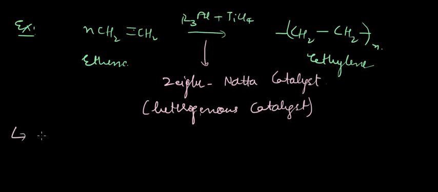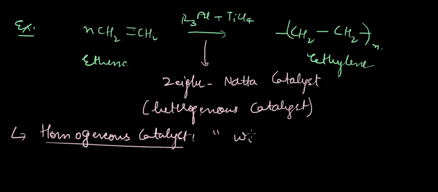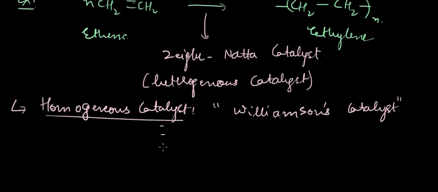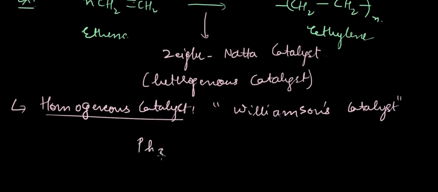So you might be wondering what a homogeneous catalyst is then. An example of a homogeneous catalyst is Wilkinson's catalyst, and the example would be this (PPh3)3RhCl.